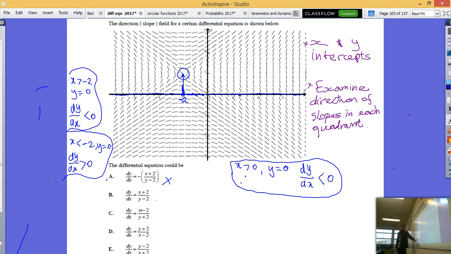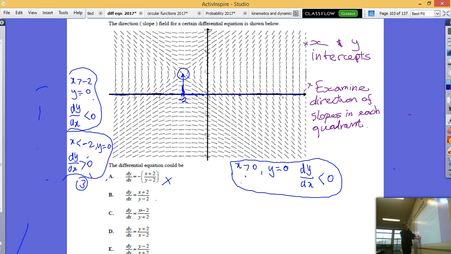Don't jump the gun straight away. Make sure you can tick the box with some other patterns, yeah? So what about if we have a look at this condition number 3 over here? So again, x is 0, divide by negative 2, which makes this fraction negative, okay? Now, when x is less than negative 2, if I put a number less than negative 2 there, then I get positive overall, isn't that right?